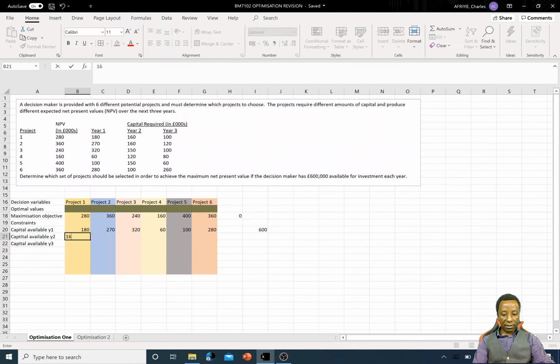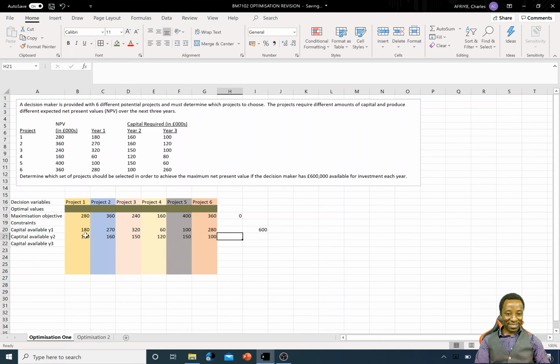So we have 160, 160, 150, 120, 150, is it? Hopefully it is. And then we have 100 there, and again it's only 600. It's a fixed capital availability, isn't it?